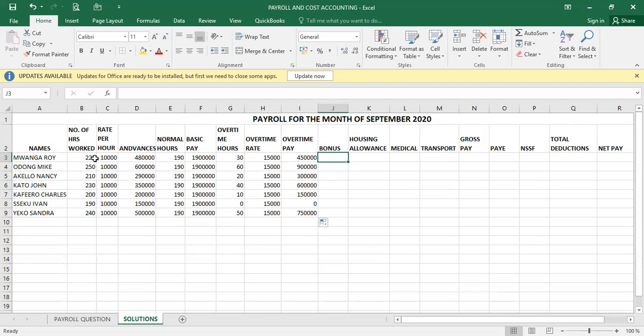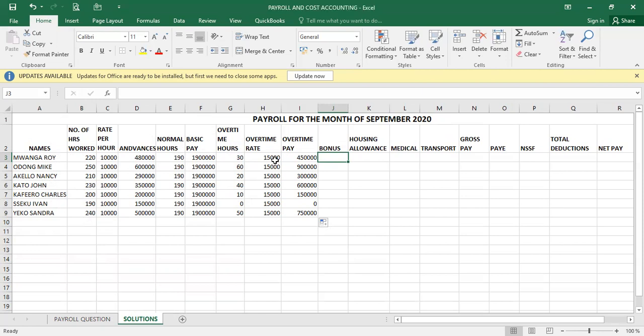To get that, we need to add the basic pay we've got in the normal hours to our overtime so that we can get the total earning, as per the bonus requirement, because the bonus requirement is 10% of the pay worked for.